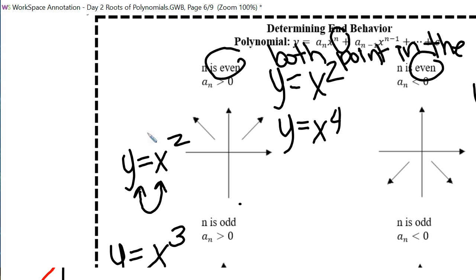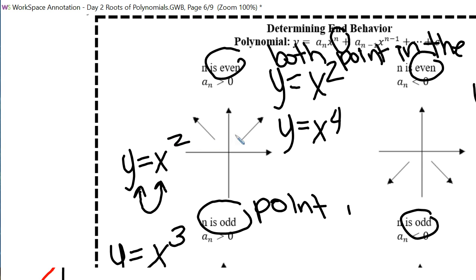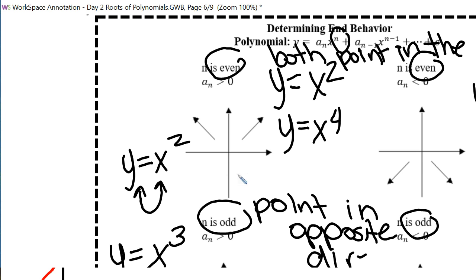So what you need to notice is that for the odd function, they point in opposite directions. One arm points down, the other one points up.